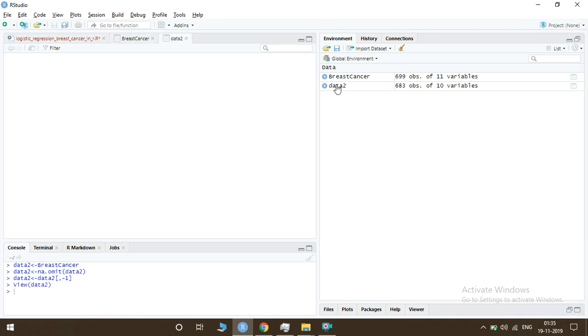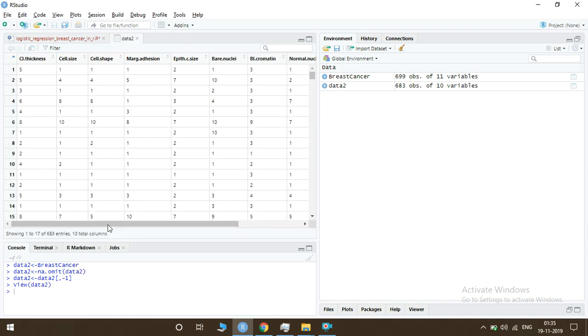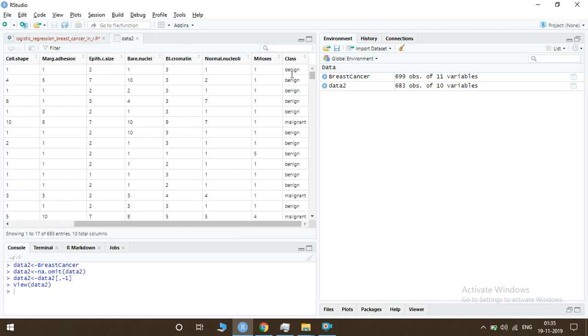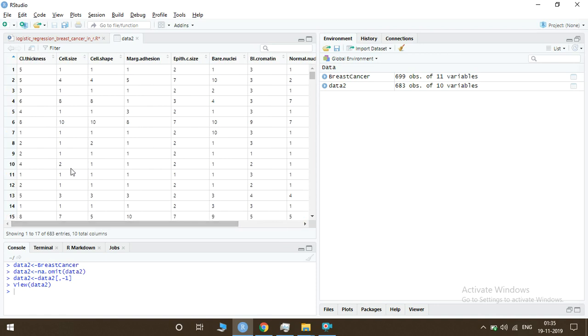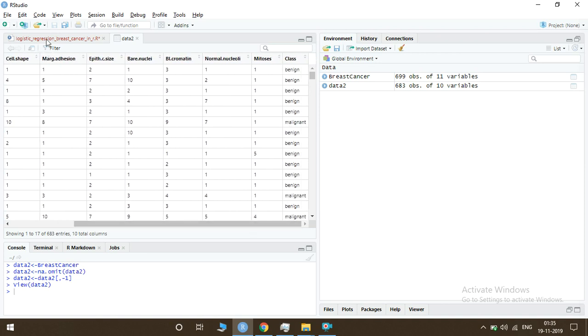If we have a look at our data frame, what we can see over here is that this class, or you can say the last column, is made up of non-numeric values. All right, so we would run a for loop wherein we would convert every column to a numeric form.